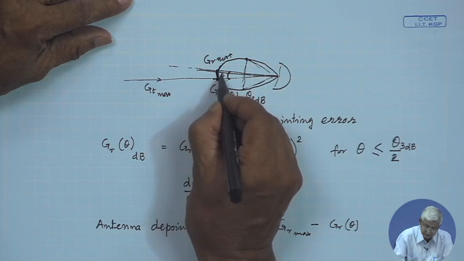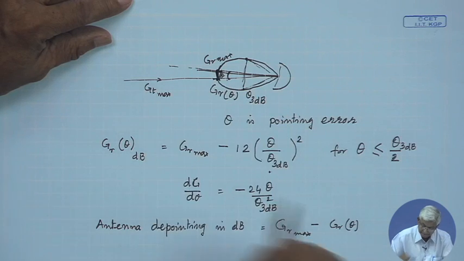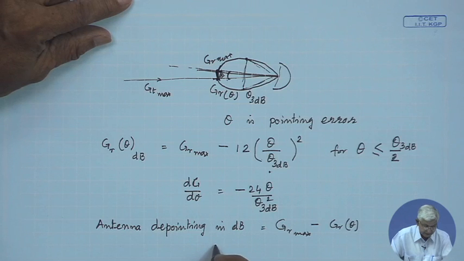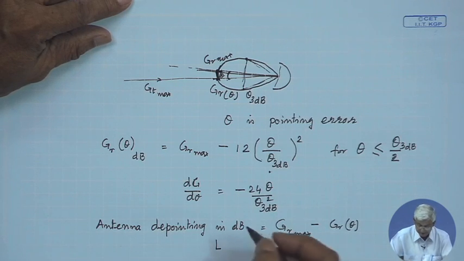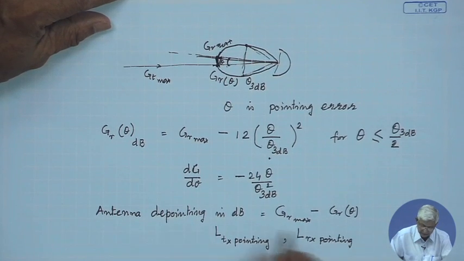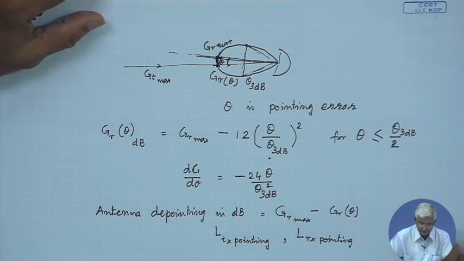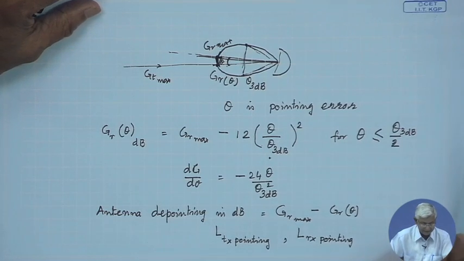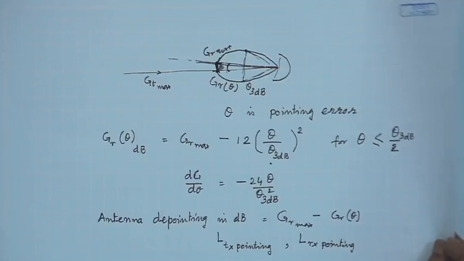So, let us term it as L. For the transmitter side it may happen, for the receive side it may happen. So, for the transmitter side we will call it L transmitter pointing, or for the receiver we call it L receiver pointing. These are pointing error or depointing or pointing loss, whichever way you express. This is one type of loss we have discussed.